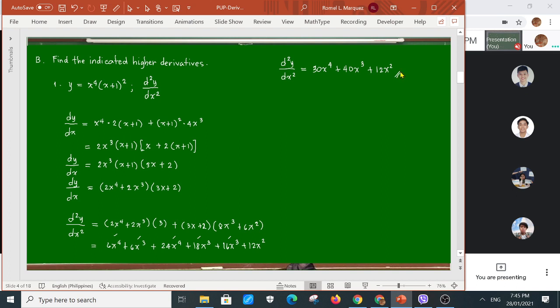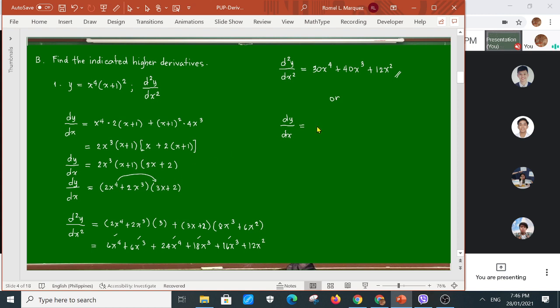That's it. Or another way. Look at this. The first derivative, let us expand.